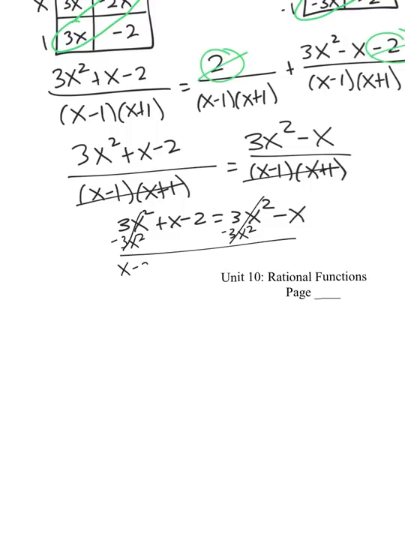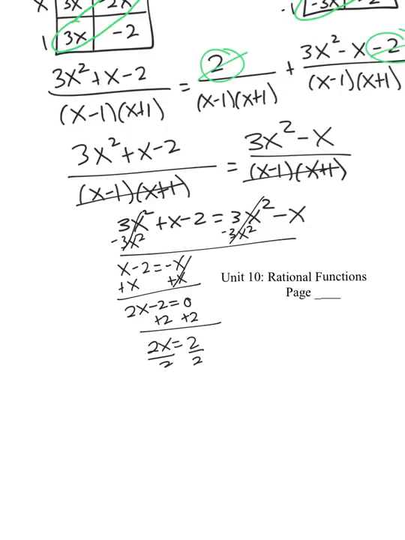So I've got x minus 2 is equal to negative x. I'm going to add x to both sides. So you've got 2x minus 2 equals 0. Add 2 to both sides. 2x is equal to 2. Divide both by 2, and you get x is equal to 1.